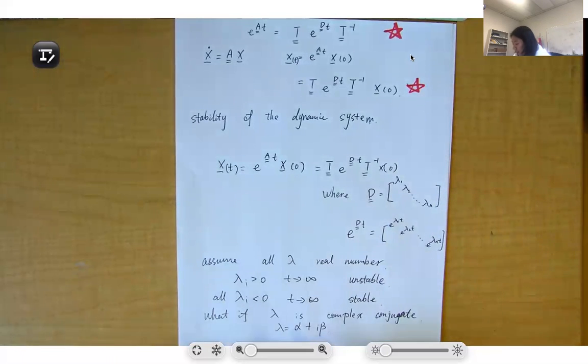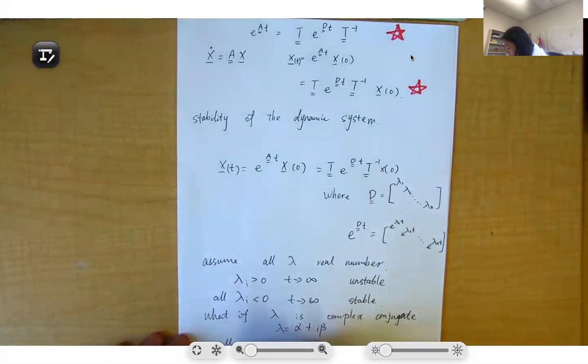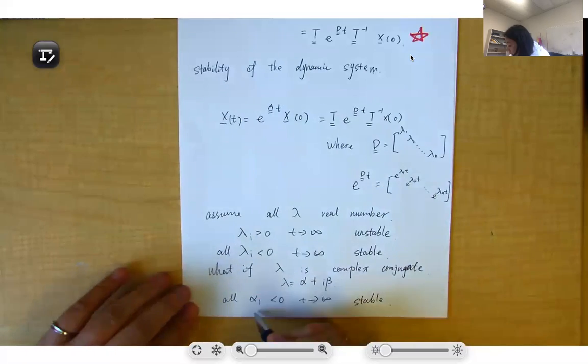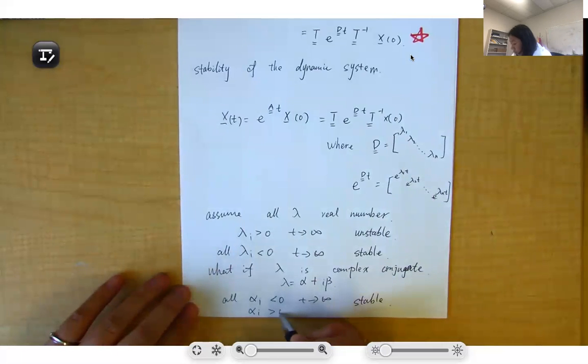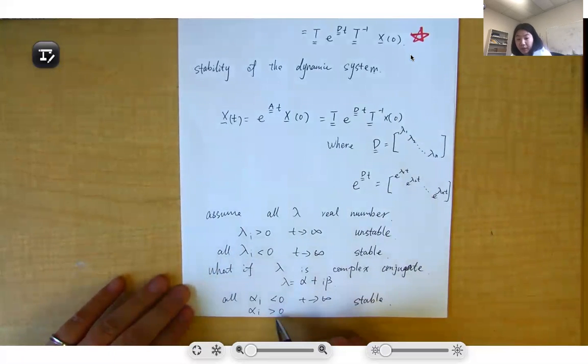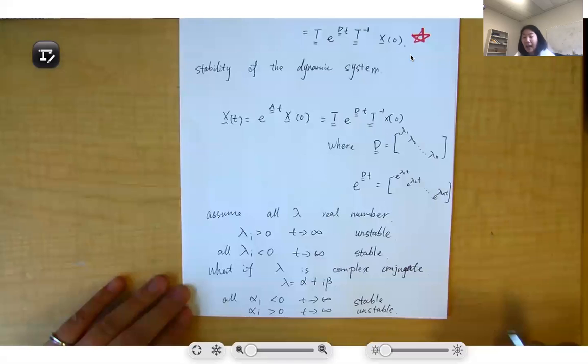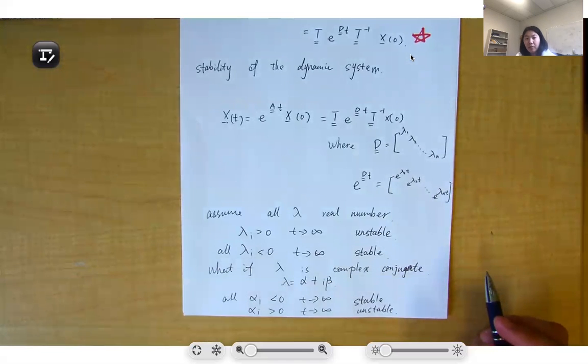As long as all the alpha_i are smaller than 0, when t goes to infinity, it will be stable. If one of the alpha_i is greater than 0, when t goes to infinity, it will be unstable. So you can use eigenvalues to decide whether your system is stable or not. And we will work through an example regarding this case.